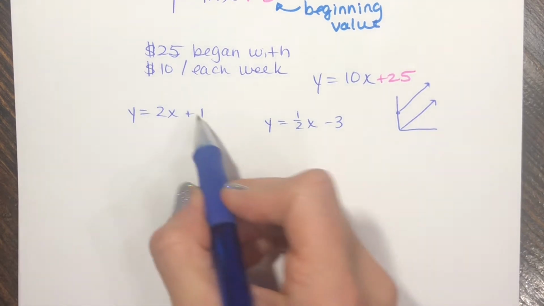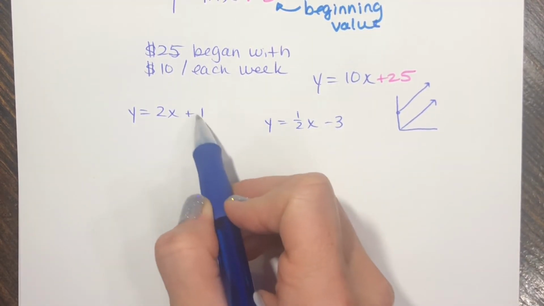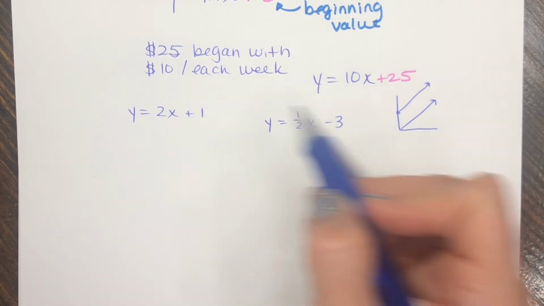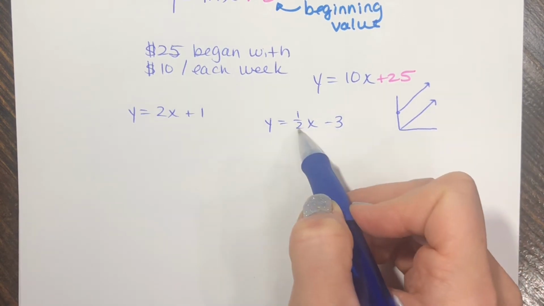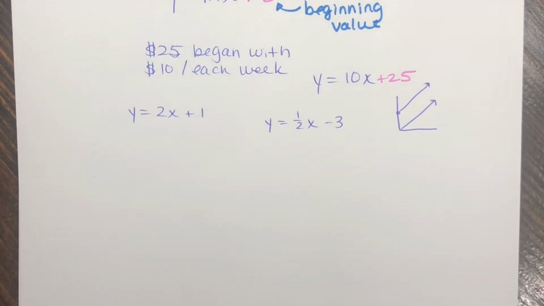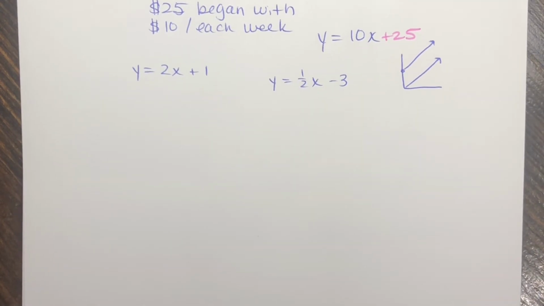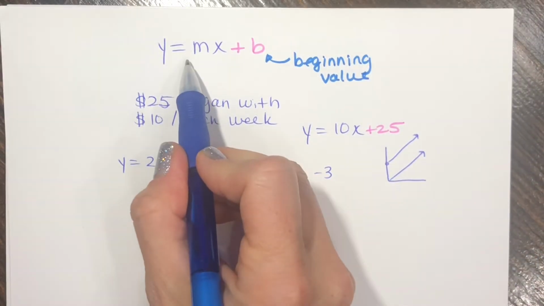If we wanted to come up with some stories, this could be I had one sucker and I'm collecting 2 each week. This could be I was $3 in the hole and I'm saving 50 cents a week, although we don't need to do that, okay? That's great to keep in mind, but I really want to simplify this for a little bit.